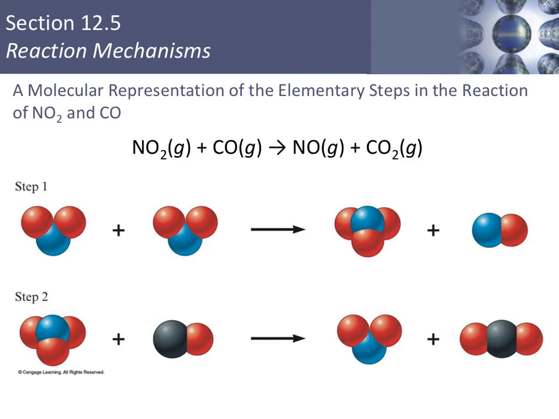Here is a chemical reaction that has a two-step proposed mechanism. Step 1, step 2. The blue spheres are nitrogens, the red spheres are oxygens, the black spheres are carbons.